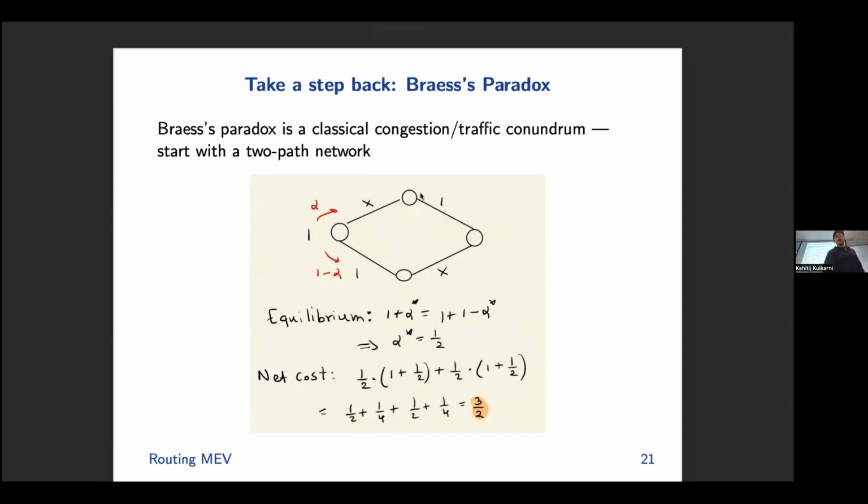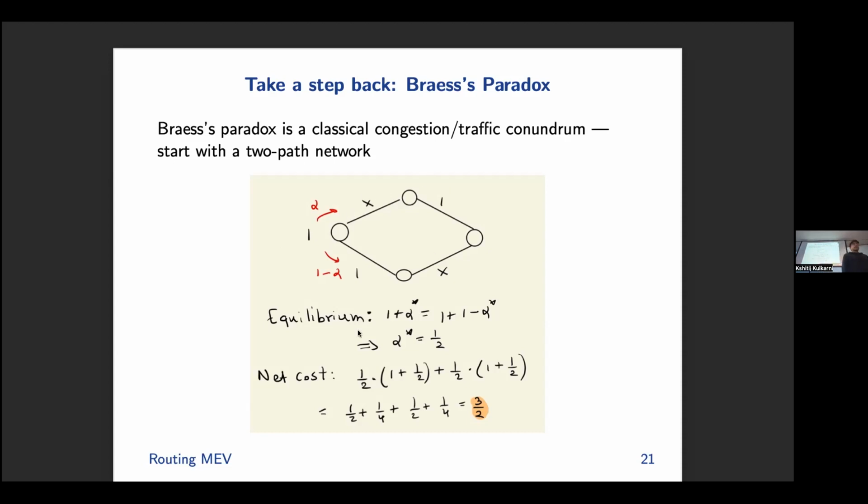And now you're routing through other CFMM pairs. Each edge here denotes a constant function market maker that trades two assets. And the idea is you're trying to do a single shot routing. You're trying to route one trade through this network. And you want to understand what happens when there are sandwich attackers present on each of these edges.